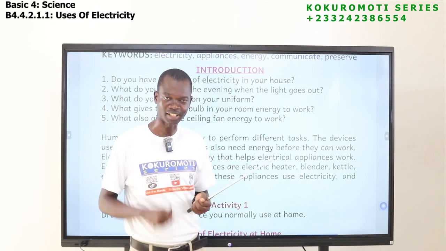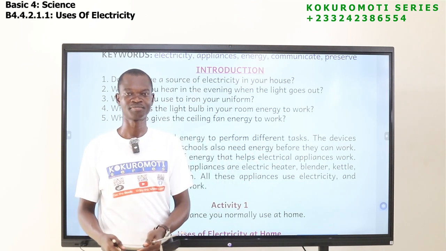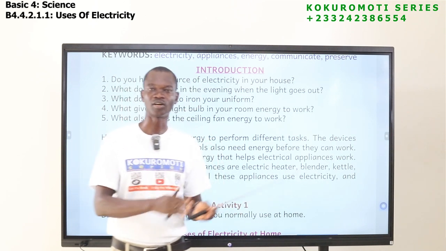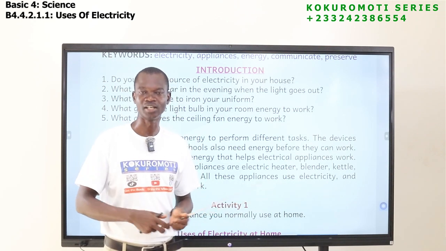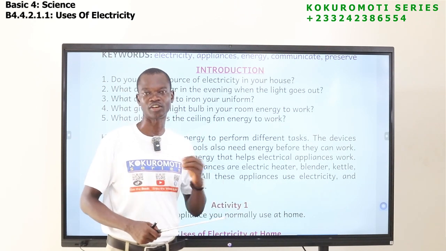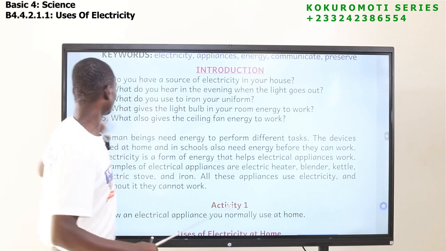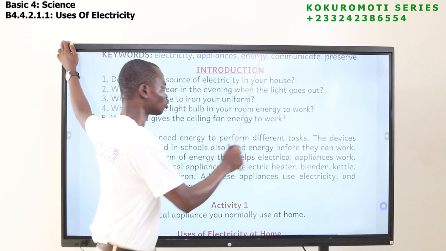That is a source of energy. And where do you get it? We get it from electricity. That is why when the electricity or light goes out, you can't iron your uniform, because there is no power that will let the electric iron perform the work that you want. Okay, so the next one, what gives the light bulb in your room energy to work?